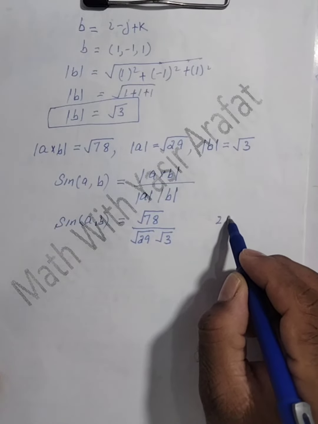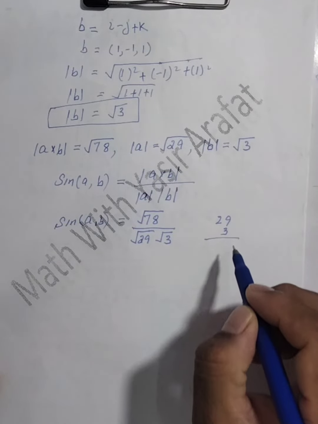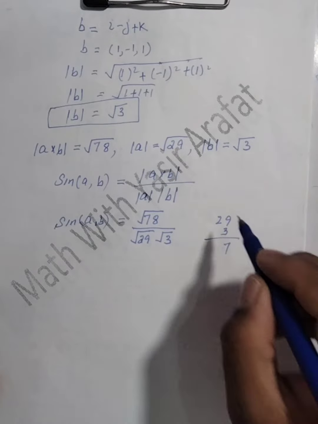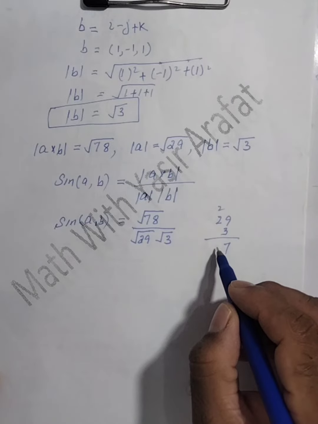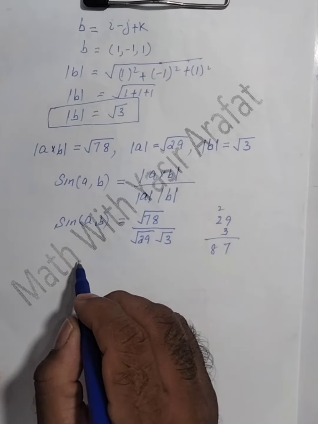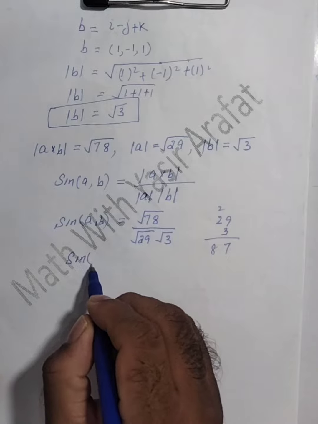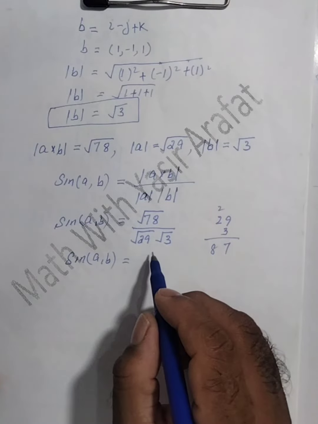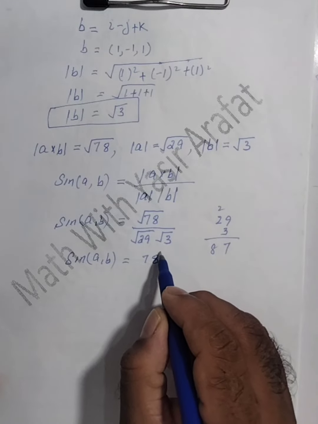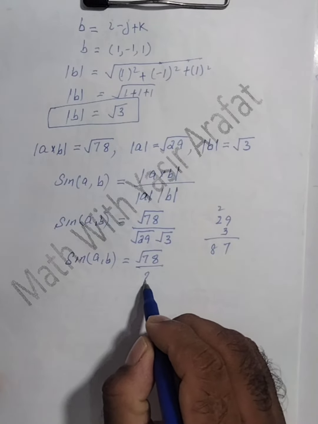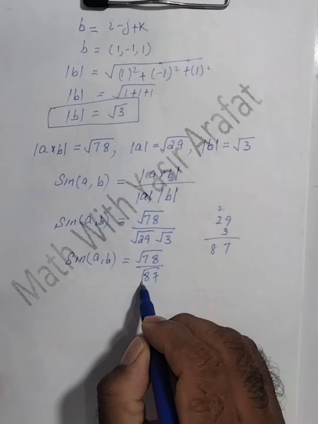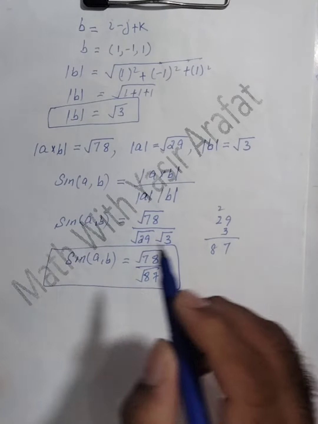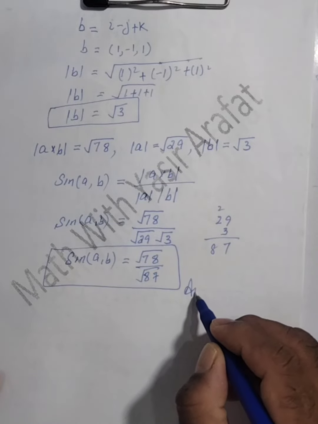So we multiply 29 with 3, 9 3s are 27, that is 87. So sine of A comma B is radical 78 divided by radical 87. This is the value of sine A comma B.